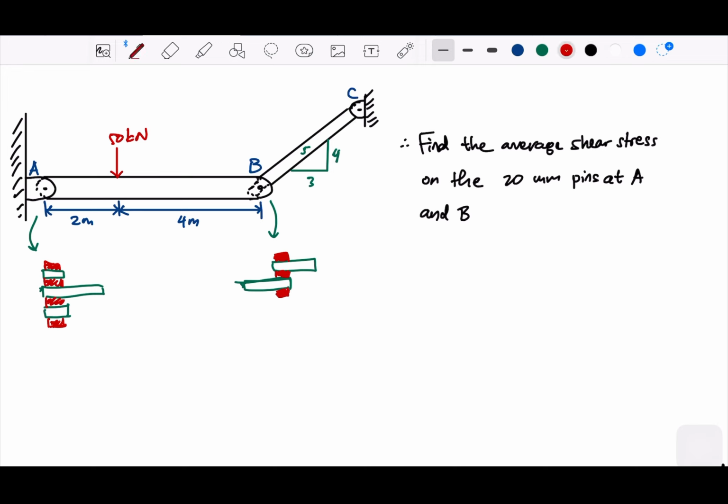The diameter is 20 millimeter. So find the average shear stress on the pins at A and B for the given load. The given load is 50 kilonewton.